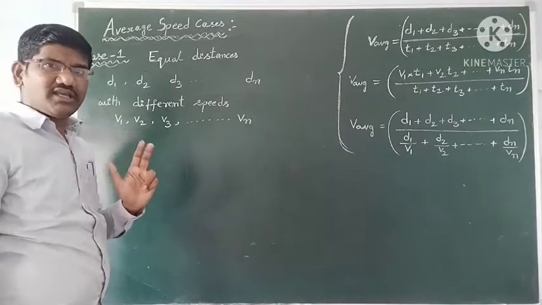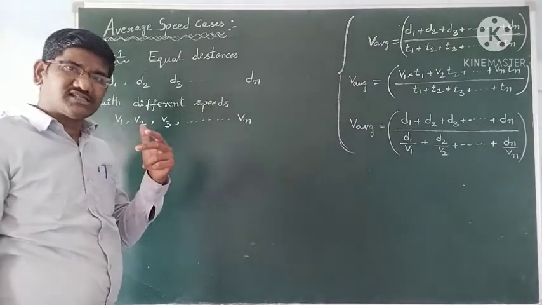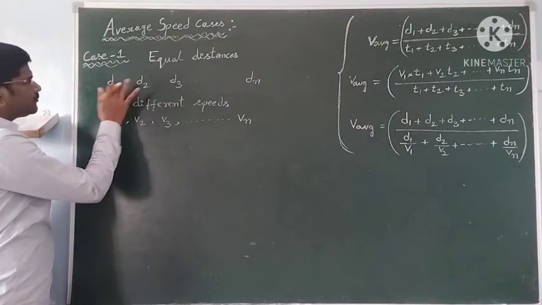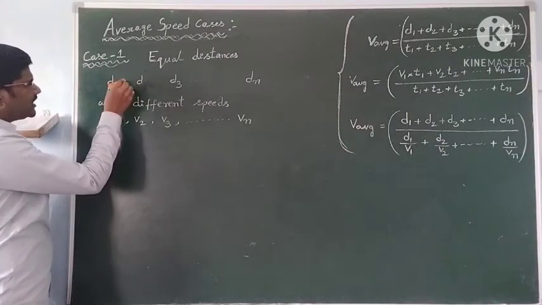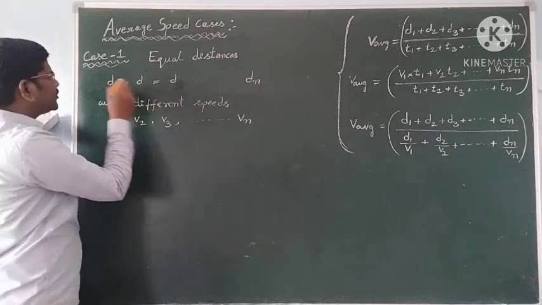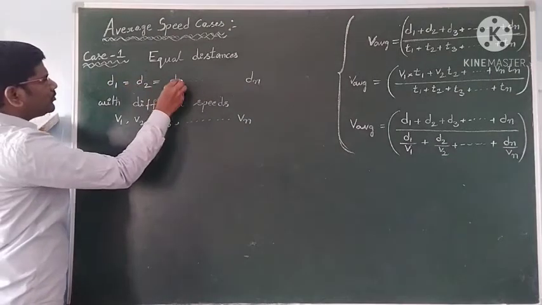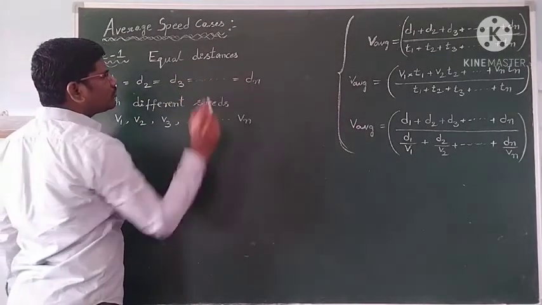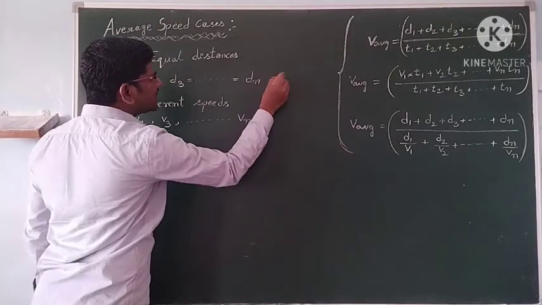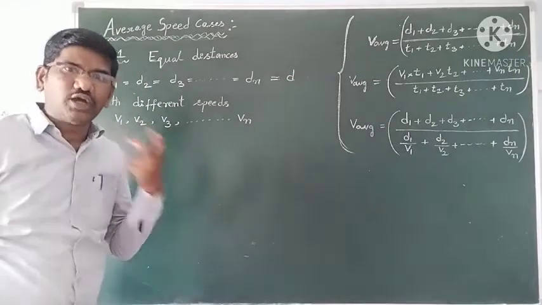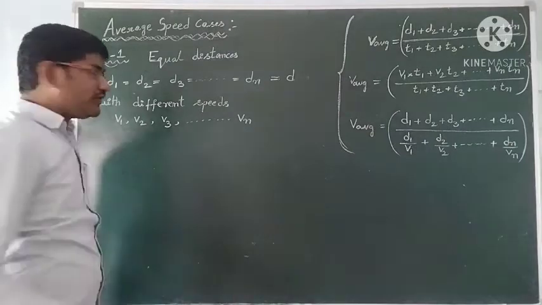It is covering the same distances with successive different speeds. So the first distance D1, second distance D2, which are equal, and D2 is equal to D3. So D1, D2, D3, and so on up to Dn, all the distances are the same. Let it be d.